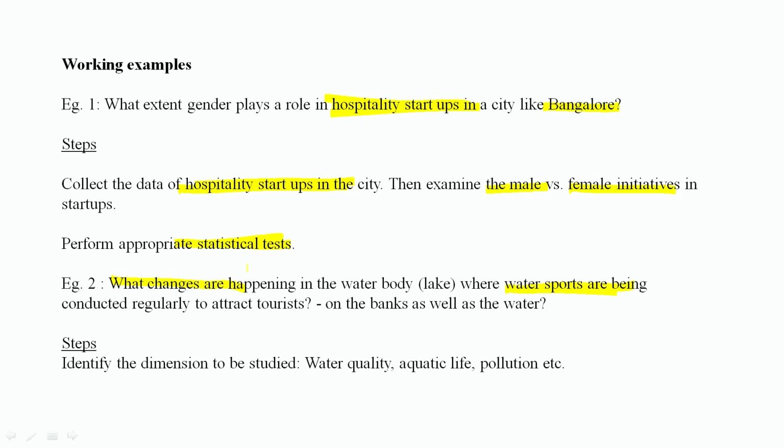Not only to the water body, also to the banks of the water body. So, we have to identify the dimensions. One is water quality and the second one is aquatic life or pollution, etc. So, we have to figure out exactly what we want to study.